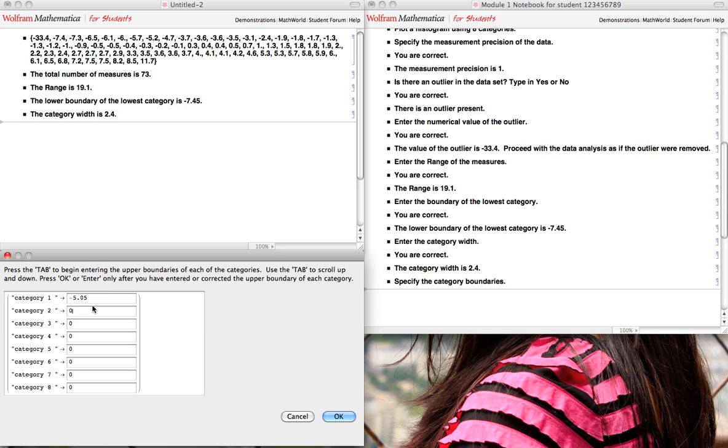And then to get the next boundary, you add 2.4 to minus 5.05. So it's minus 2.65. And you keep doing this until you've filled all the category values.